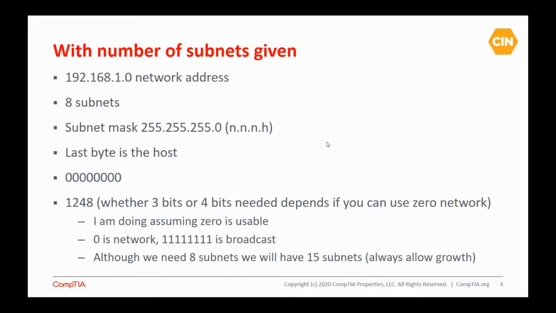You do always want to borrow more, so that if we needed 8 subnets, yeah, we could get by right here with just borrowing 3, and that would give us the 8 subnets. But if we need to add another subnet later on, we'll have to go back and readdress our whole network. So you'd want to have some extra ones.